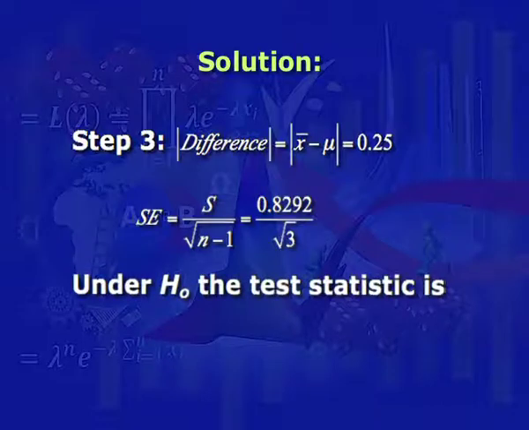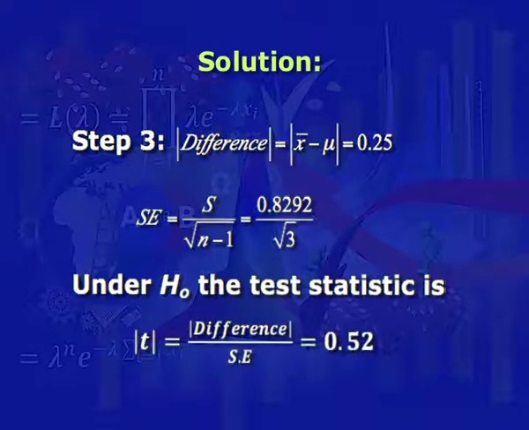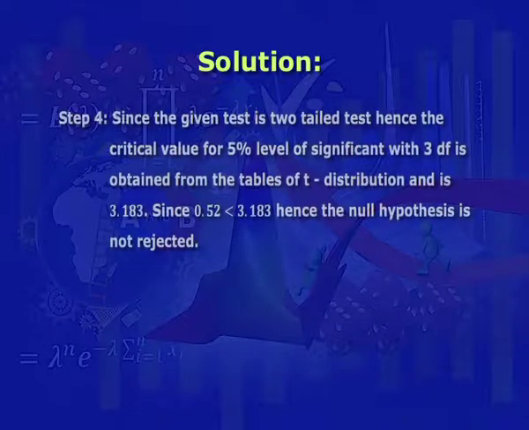Under H0, the test statistic is given by modulus t equal to the absolute difference divided by standard error. Substituting the absolute difference and standard error, we get the value of the test statistic modulus t equal to 0.52. Now step 4.